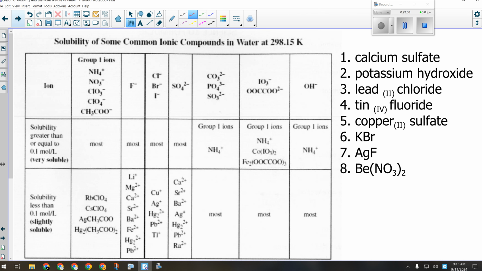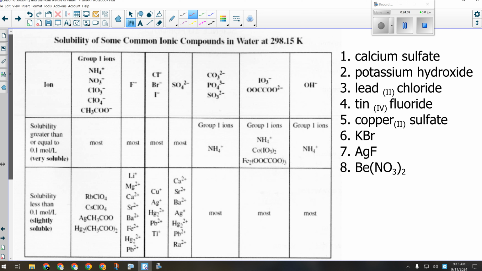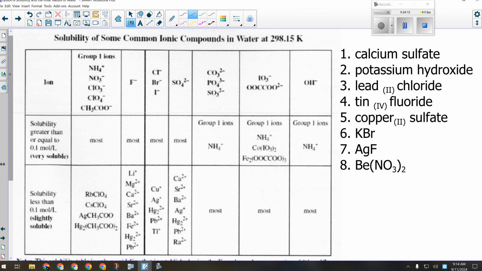All right, if everyone can take their periodic table out, on the back you will find this chart. This is your solubility chart. It allows us to determine whether an ionic compound will be soluble in water at 20 degrees Celsius or not.